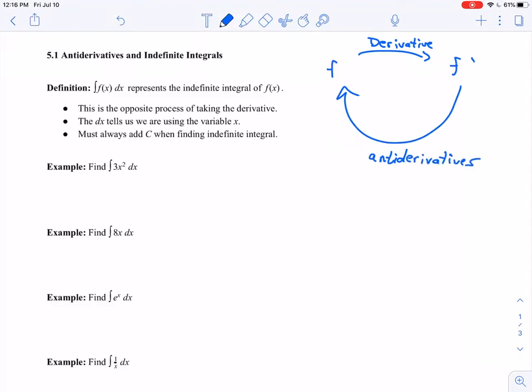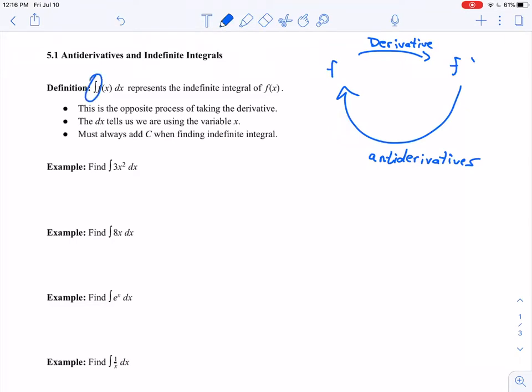These two terms, antiderivatives and indefinite integrals, are essentially interchangeable. They basically mean the same thing. I will use them interchangeably, so if I say antiderivative, I'm also talking about indefinite integrals and vice versa. The way we represent them, we use this kind of funny squiggly line right here.